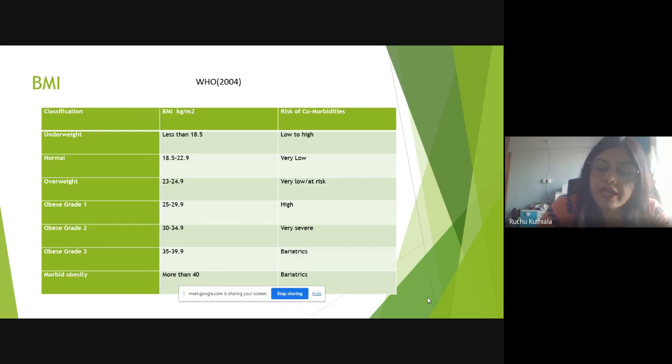At that point of time, most importantly, what should be done? After taking their dietary recall, that means knowing what they are eating, what their diet is, and their discipline in the diet. Are they disciplined or do they have a habit of skipping meals? Another thing is that we would ask them for their exercise history.